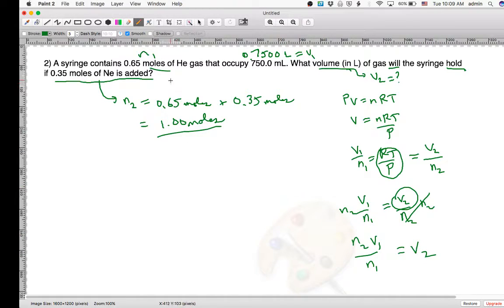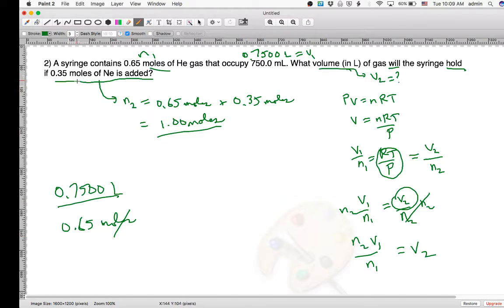You don't have to do it with algebra. You could just do it with the factor label method where you want liters. Here are some liters, so you write those liters down. These liters are associated with this many moles, so you write that down too. But we want liters, so we want to cancel out the moles.